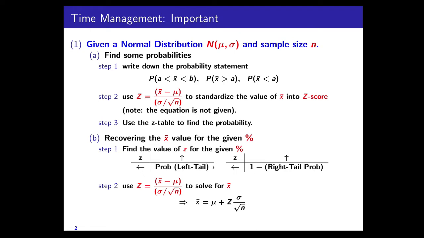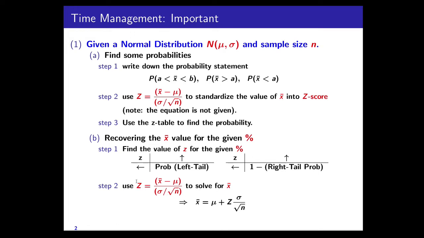And of course, for the right tail probability, the keyword will be greater than or above. For the left tail probability, the keyword will be less than or below. Step number 2, we use this z-score formula, X bar minus mean mu over sigma over square root of n, to solve for X bar.